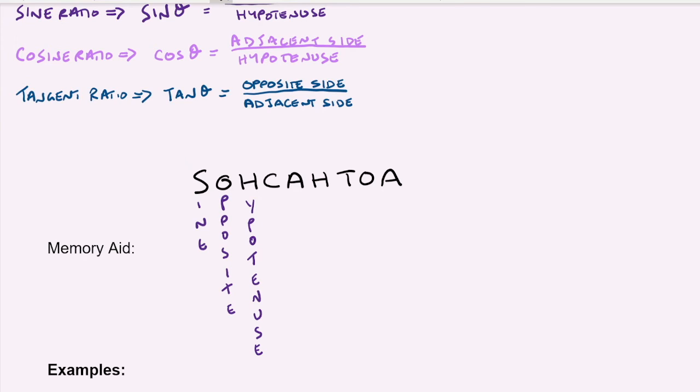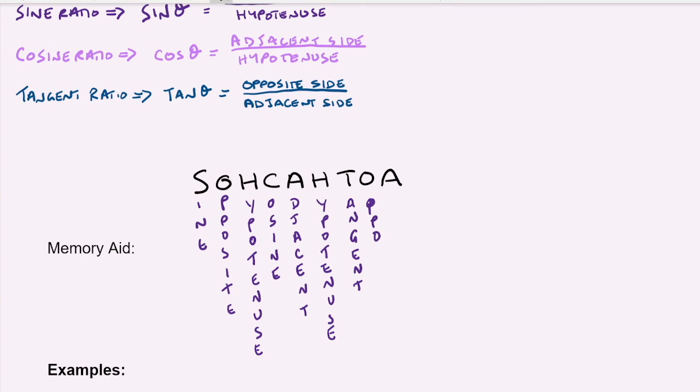Then the next three letters we have cosine, adjacent, and then hypotenuse again. And then the last ratio there is our tangent, and then we have our opposite and the adjacent.